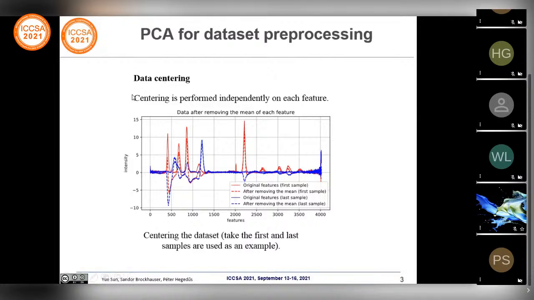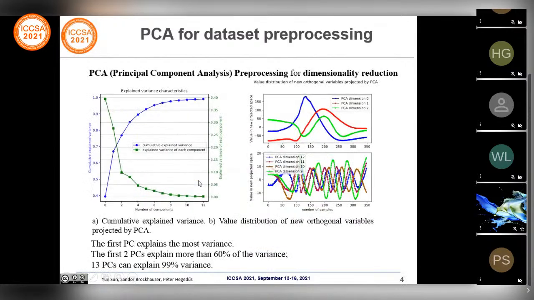Before applying PCA, the dataset should be centered by removing the mean, and the centering is performed independently on each feature. Here is an example after removing the mean. In PCA, the number of principal components can be determined by the cumulative explained variance ratio, and as shown in this figure, we also show the value distribution of the new projected components.